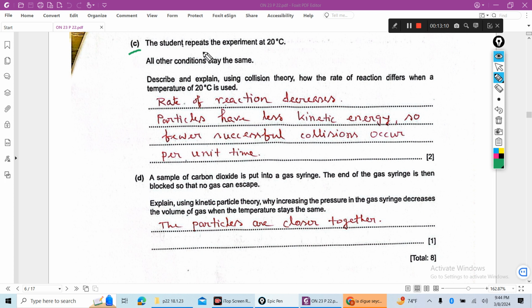Now the student repeats the experiment at 20 degrees centigrade. All other conditions are the same. Describe and explain using the collision theory how the rate of reaction differs when the temperature of 20 degrees is used.